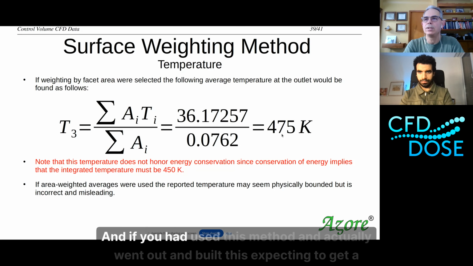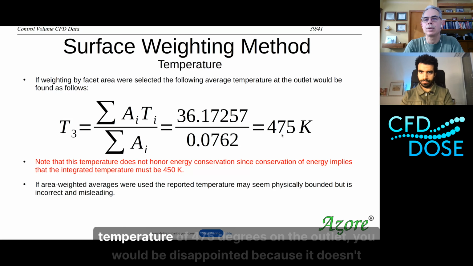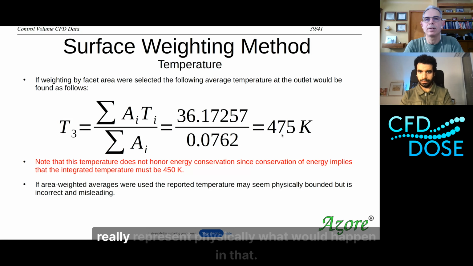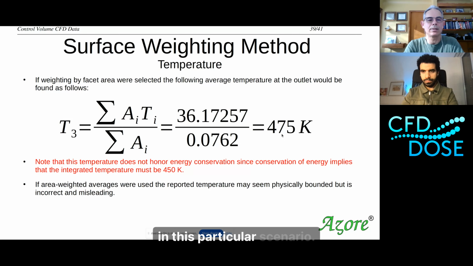If you had used this method and actually went out and built this expecting to get a temperature of 475 degrees on the outlet, you would be disappointed because it doesn't really represent physically what would happen in this particular scenario.